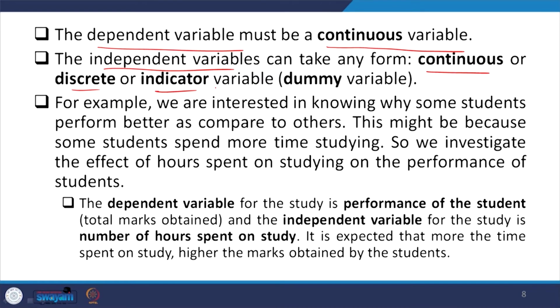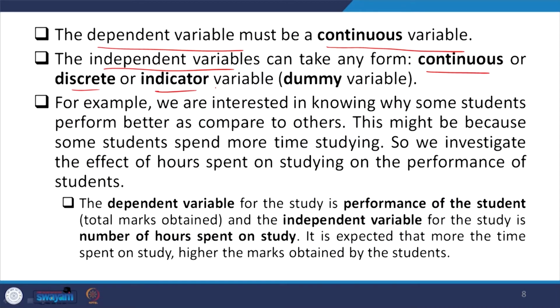Coming to the explanation with an example, suppose we are interested in knowing why some students perform better as compared to others. This might be because some students spend a little more time in their study. So, is it not better to investigate the effect of more hours spent studying on their performance as an outcome variable?